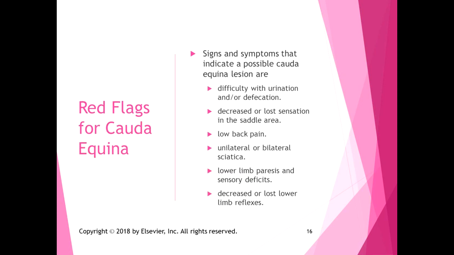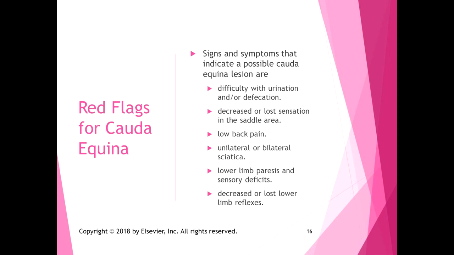The red flags for cauda equina: cauda equina has sort of an insidious onset sometimes. Difficulty with urination or defecation, that is one of the top ones. So a lot of times people with cauda equina, they first come into the doctor with low back pain.